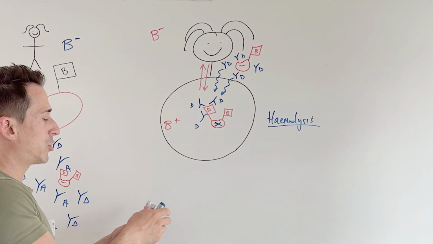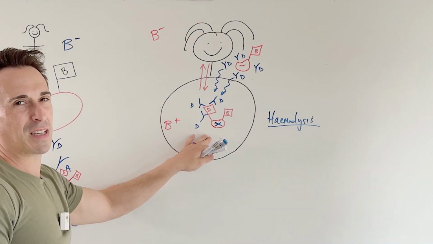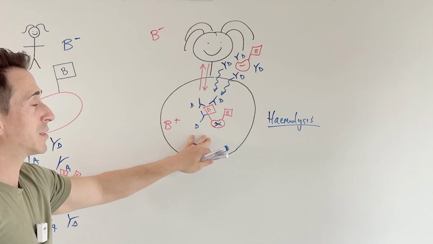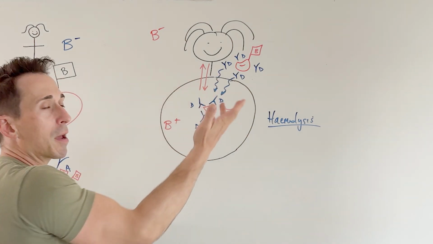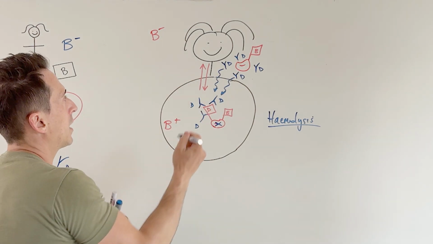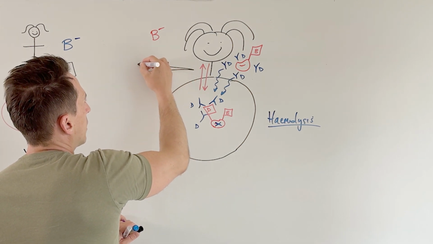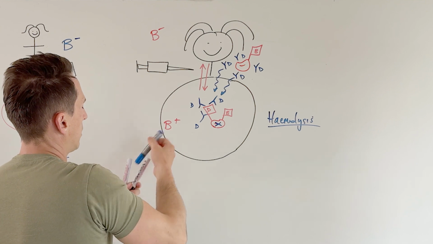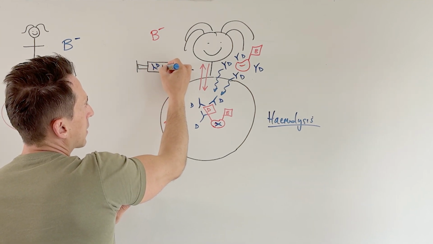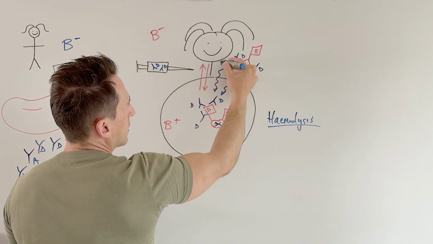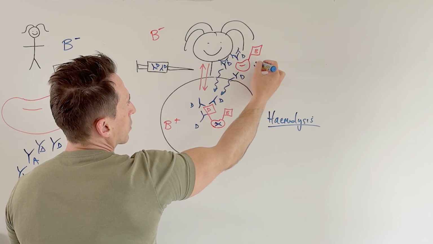So what they would do is test to see if the mother is rhesus negative. They wouldn't necessarily bother testing the child, because technically you'd have to do more invasive procedures. So they'll say, okay, mum's rhesus negative. We're going to give her an injection when she's pregnant, and this injection contains a product that can bind to the mum's anti-rhesus factor antibodies and block them up.